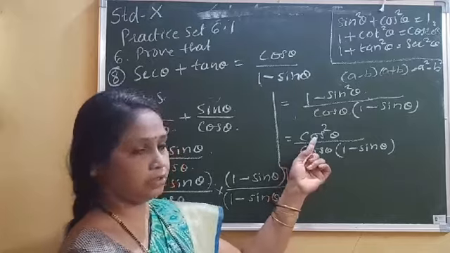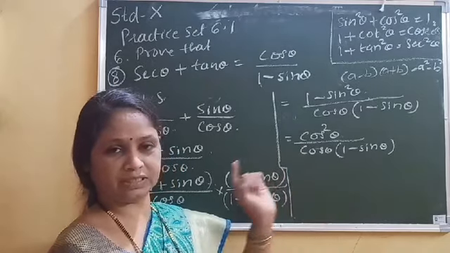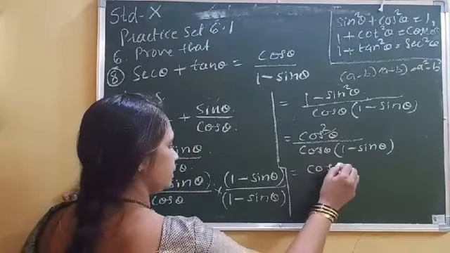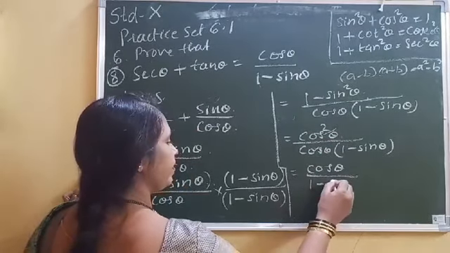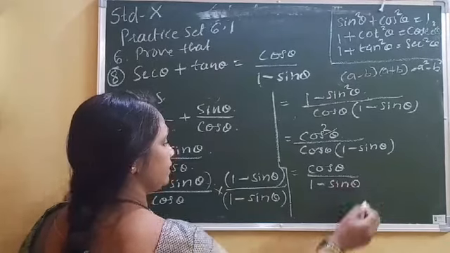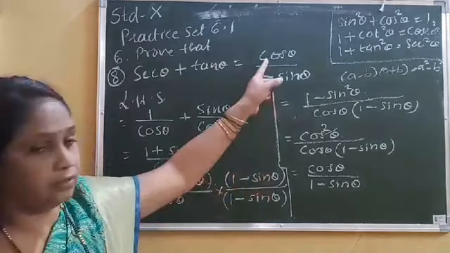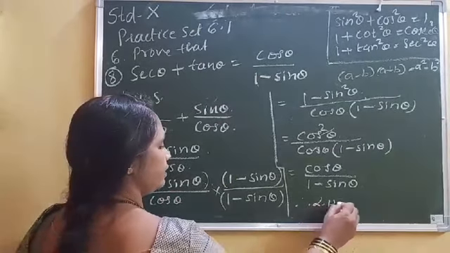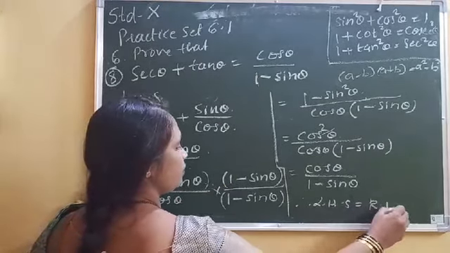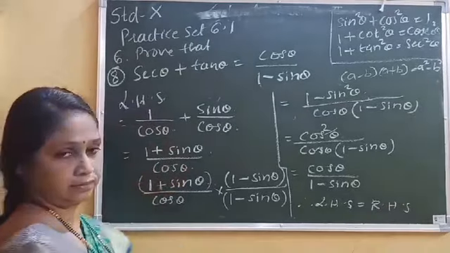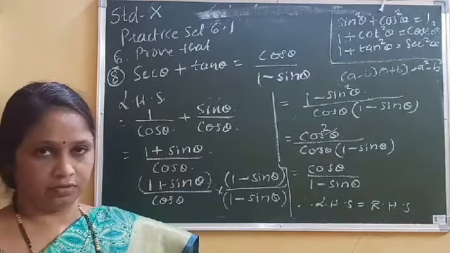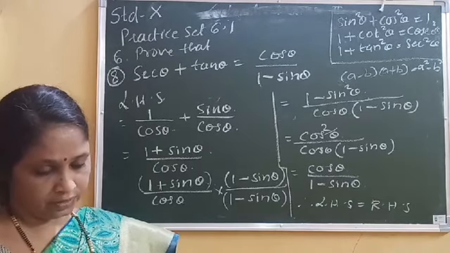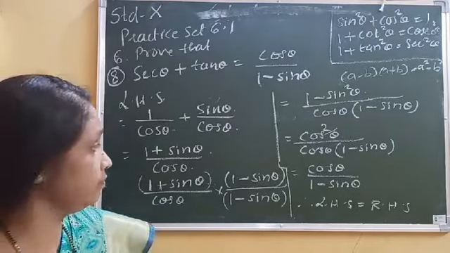Here cos square theta and cos theta will get cancelled, so what remains is cos theta upon 1 minus sin theta. Did we get the RHS answer? Yes. So therefore LHS is equal to RHS. See, in this way you have to solve the examples. Now next example.